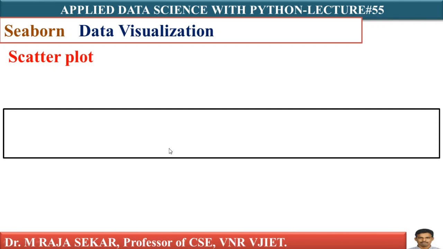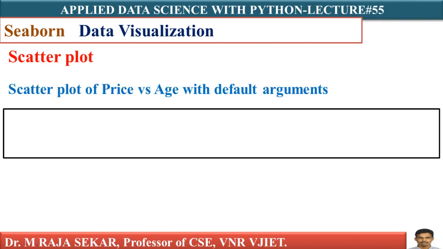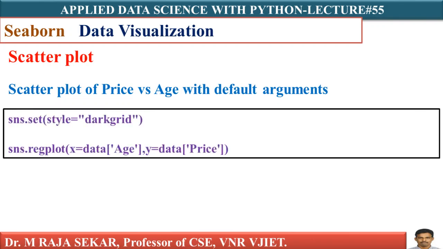So here we are going to create a scatter plot of price and age that will be built using default arguments. Anyway, we will try to understand sns.set. What does it mean? sns.set style equal to darkgrid. Anyway, we will see the output so that you can understand what this darkgrid means. sns.set means we are giving the theme to the background.